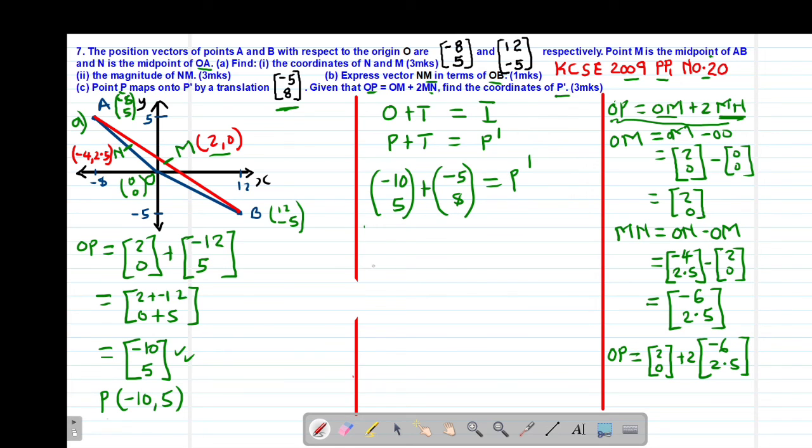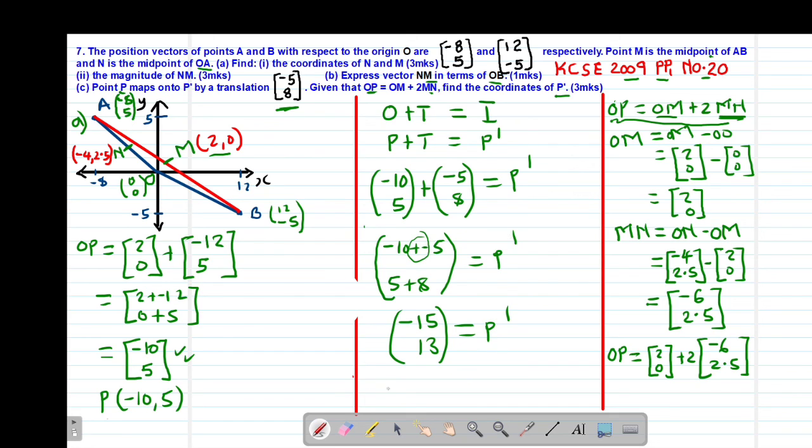So we are told to find the coordinates of P prime. This one will be P, which is the object. We have found its position vector as negative 10, positive 5. Then if we add the translation, which we are given as negative 5, positive 8, these two should give us the image, which is P prime. So negative 10 plus negative 5, then 5 plus 8. Therefore this will be negative 15, then positive 13 as our P prime. Coordinates should always be expressed in horizontal form.